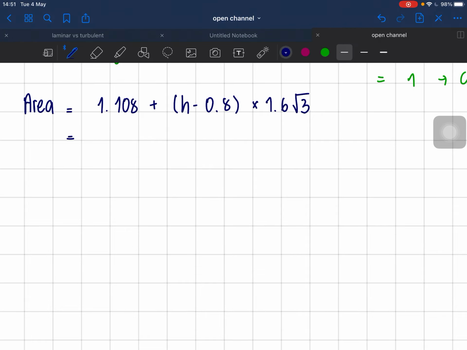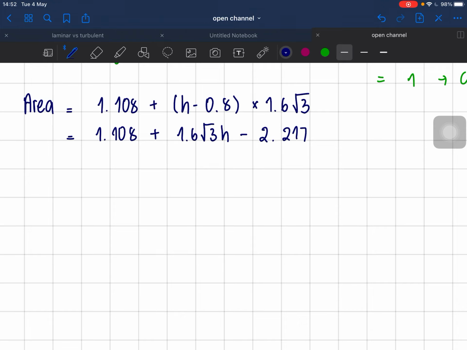Wait, supposedly it's 1.108 plus 1.6 square root of 3 h minus 1.6 times square root of 3 times 0.8, which is 2.217.